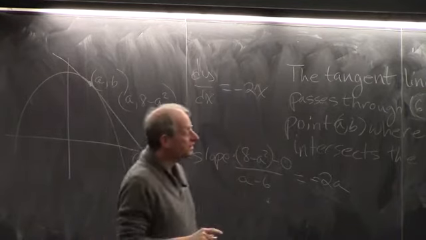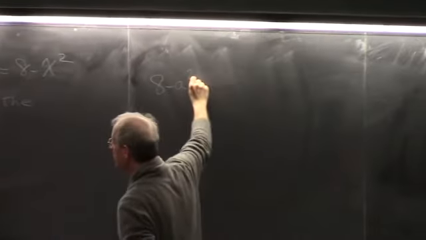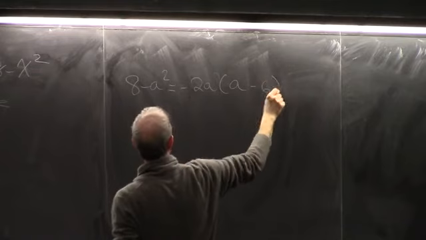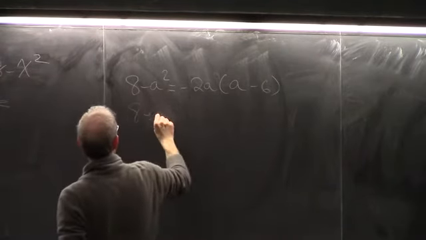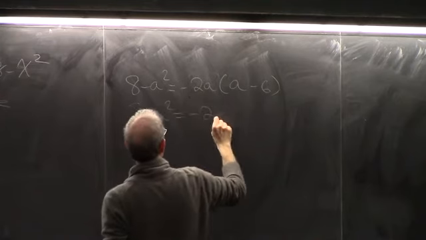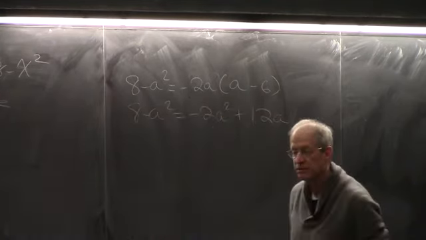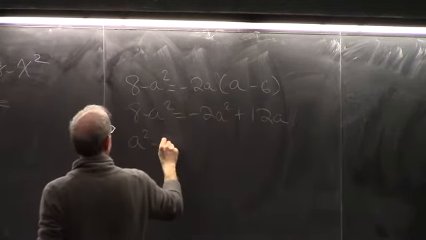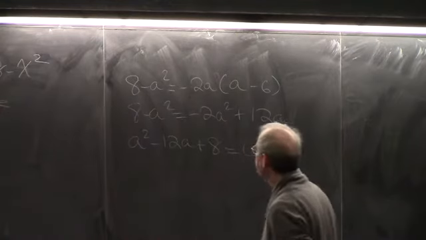So cross multiply, you get 8 minus A squared is negative 2A times A minus 6. Or 8 minus A squared is negative 2A squared plus 12A. Put all the terms on one side. You get A squared minus 12A plus 8 equals 0.